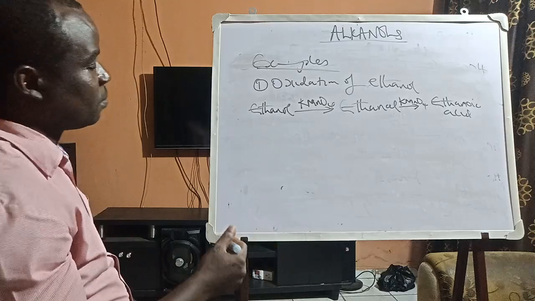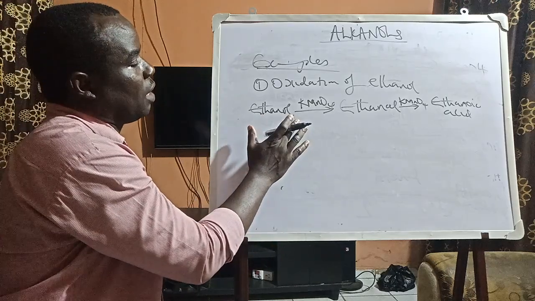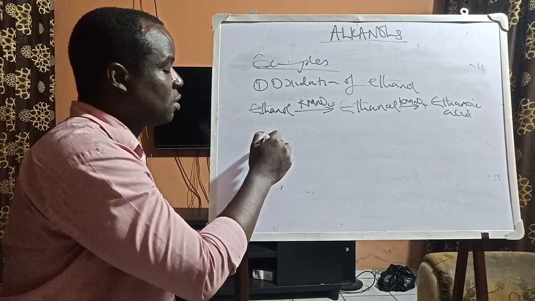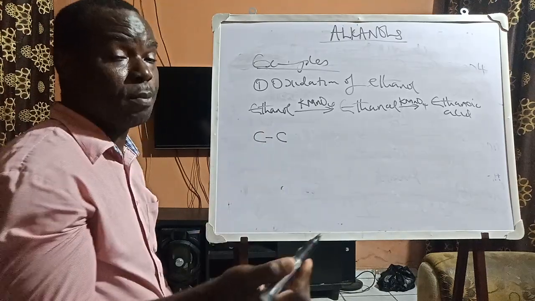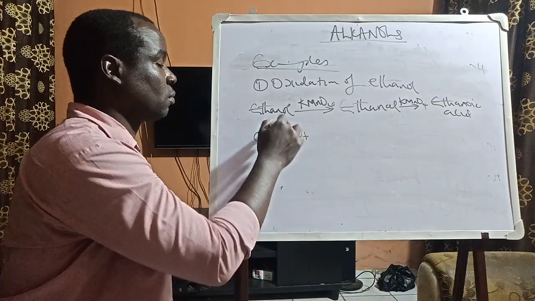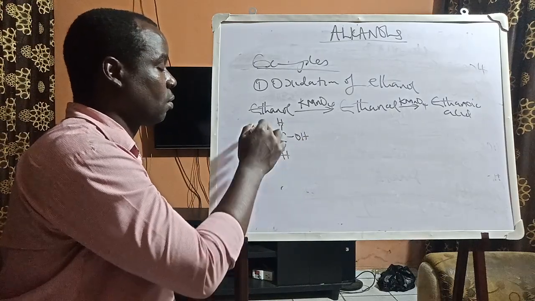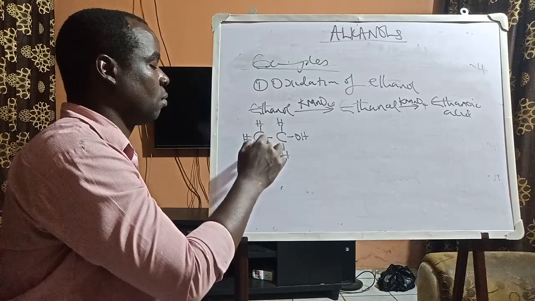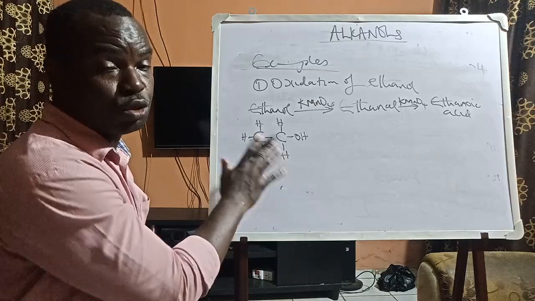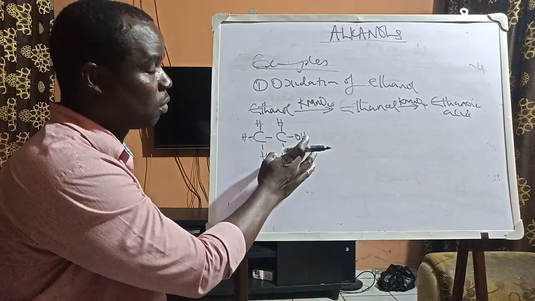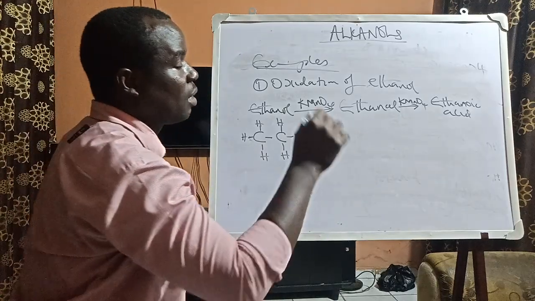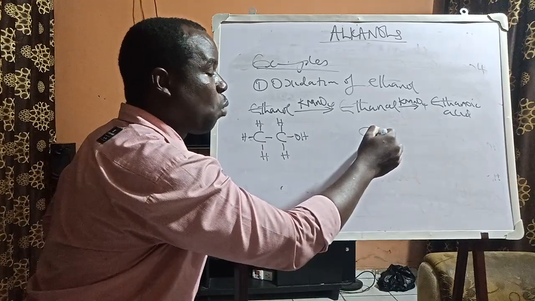Now let's draw it. Ethanol is CC. I've taught you about ol, so you put OH. I've taught you this one. This is ol. Now, when it changes to ethanal, the al will be like this. You do like this, 1, 2.